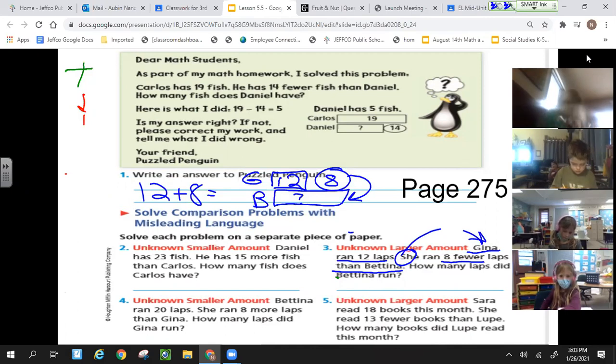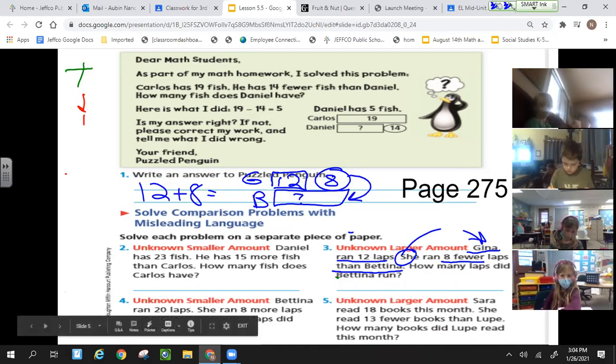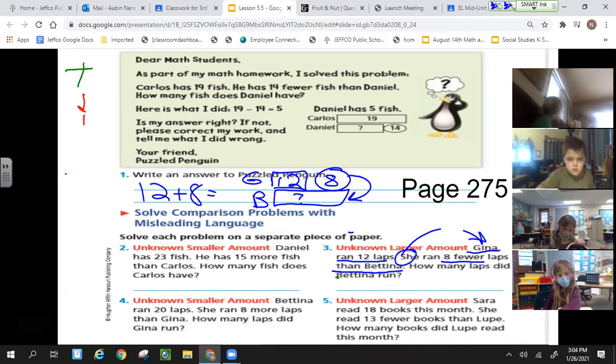All right. Benjamin Bowers, can you unmute? What does 12 plus 8 equal? Did you say 12 plus 8? Yes, sir.